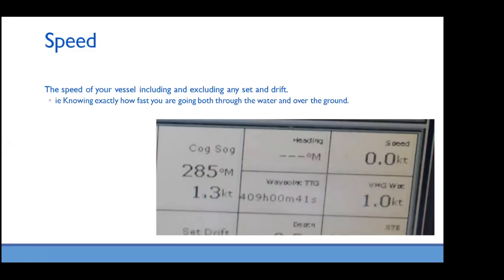Remember, if you're in a river and you're going with the stream, you're going to be going faster than the actual speed your boat's moving at. Inversely, if you're going upstream, you're going to be going slower. The same thing happens at sea with current and tide.